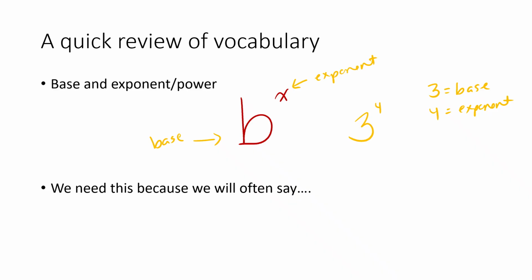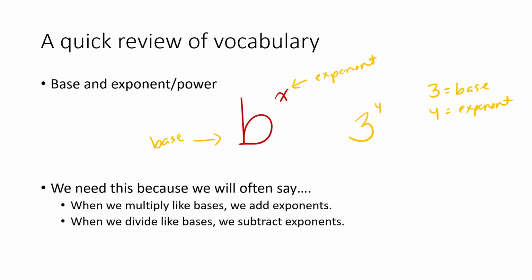Now we need this because we will often say things like this. When we multiply like bases, we add exponents. And in order for you to interpret a statement like that, you need to be really clear about what we mean by bases and exponents. And when we divide like bases, like bases, that verbiage means the same base.